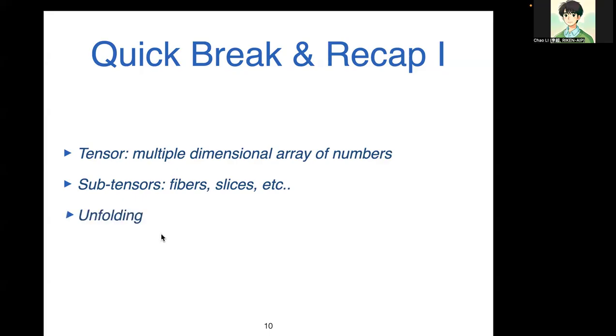Then we talked about unfolding, which lets us turn a tensor into a matrix, so we can use our familiar matrix tools. And finally, we introduced tensor contraction, which is like matrix multiplication, but much more flexible in higher dimensions. Next, let's see tensor networks.